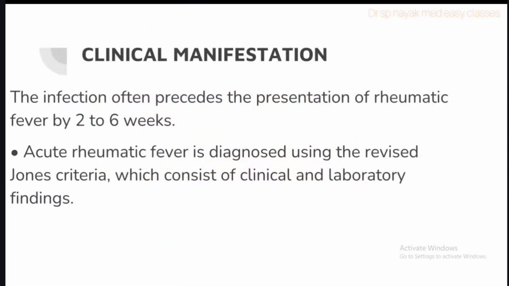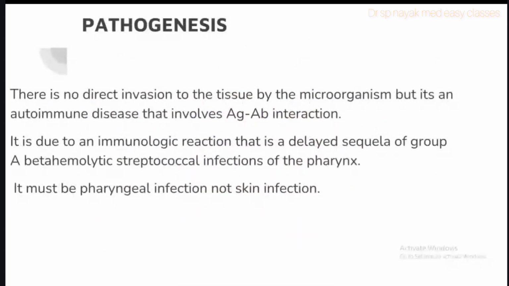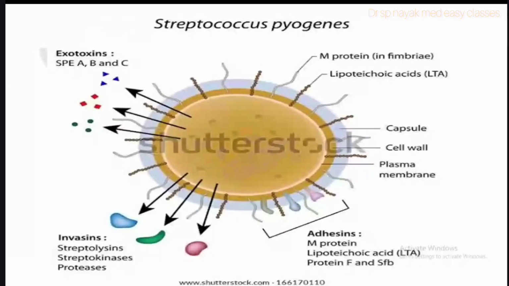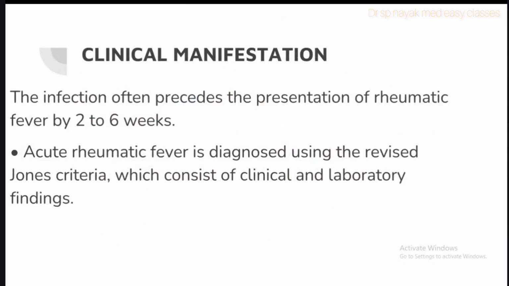Now, clinical manifestations. We studied the pathogenesis; it is all about antigen and antibody interactions. Now we are going to focus on clinical manifestations. The infection often precedes the presentation of rheumatic fever by 2 to 6 weeks. It can occur after 2 to 6 weeks of a strep throat.